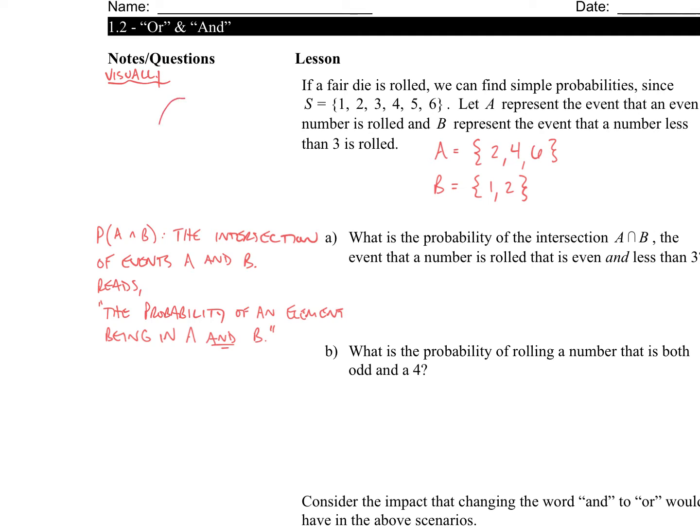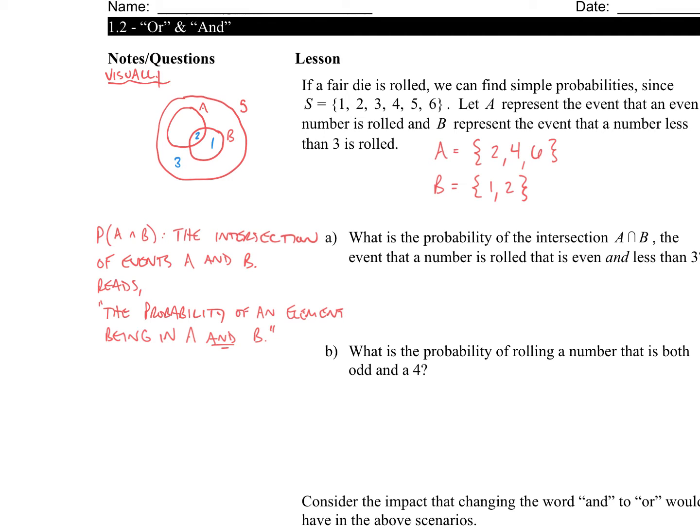So let's say that we've got our sample space S. Within S, we've got an event A that can happen, and we've got an event B that can happen, and we need to make note that there is some overlap, because 2 is not just in the sample space, not just in A, but it's also in B. The number 1 is in B. The number 3 is only in the sample space.